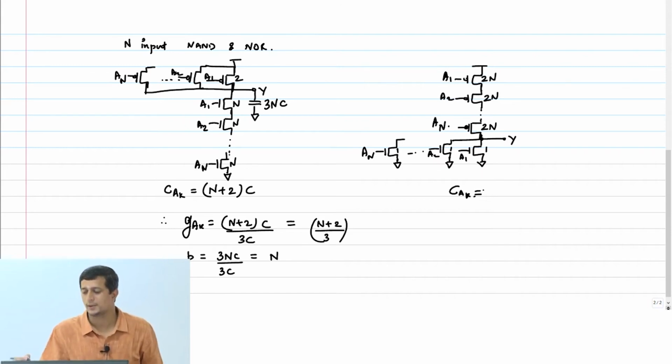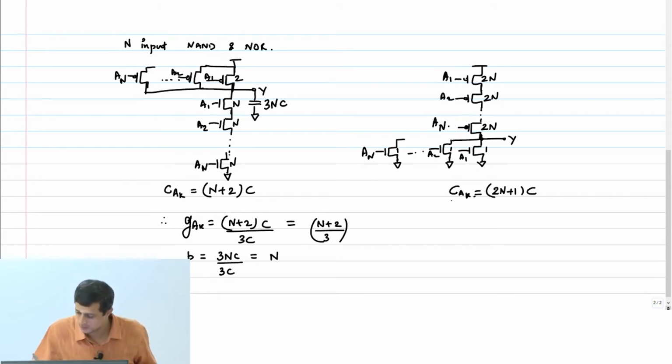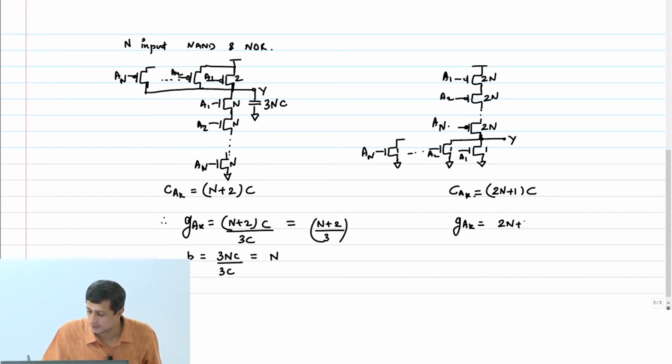So what is the net capacitance? 2N plus 1 into C. 2N coming from PMOS, 1 coming from NMOS. Therefore, the logical effort GAK is how much? 2N plus 1 into C by 3C. That is equal to 2N plus 1 divided by 3.